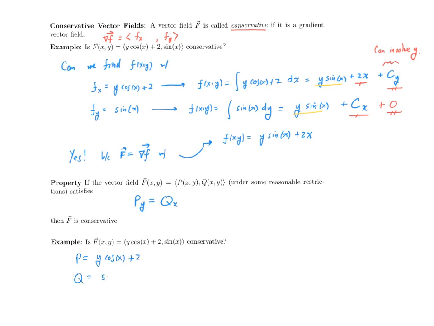Q is the second component function, sine x. And we can quickly compute the partial p sub y is equal to cosine x. The partial q sub x is also equal to cosine x. So p sub y equals q sub x, so that implies for us that F is conservative.